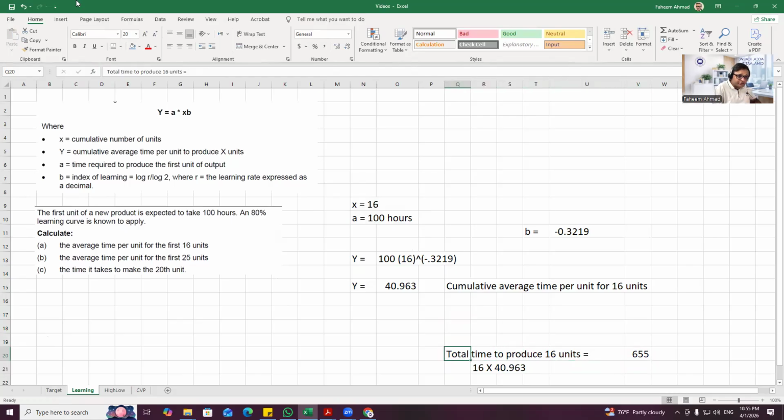Now, in the second requirement, question is asking for the average time per unit for the 25 units. Everything will remain the same. The only thing that is changing is now x is equal to 25.